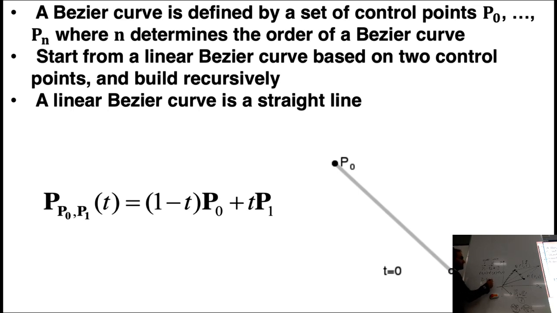The opposite, right? I get this one. And it's the vector that goes from here to here. Okay?